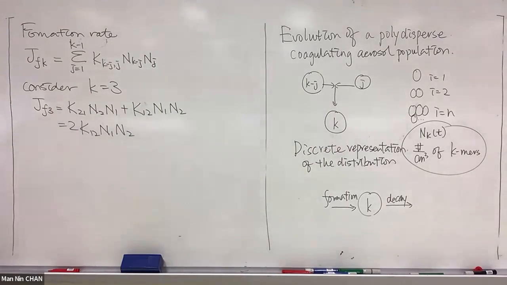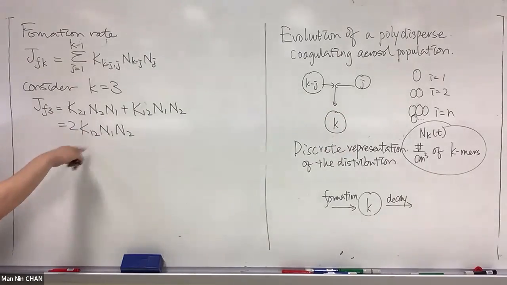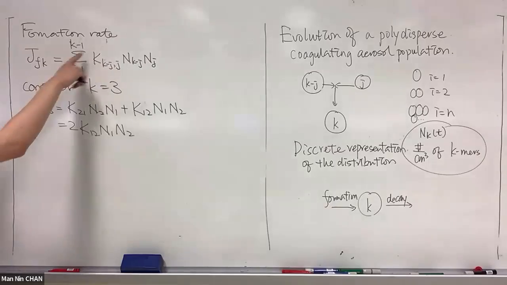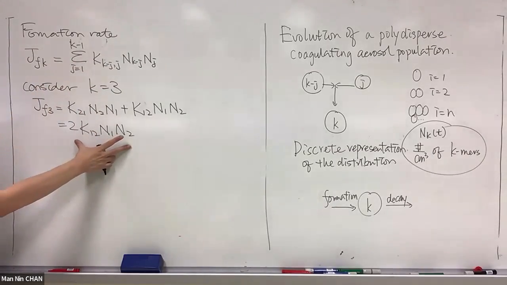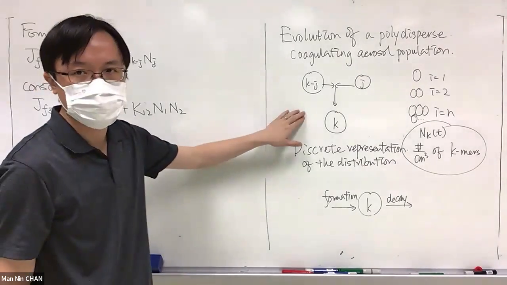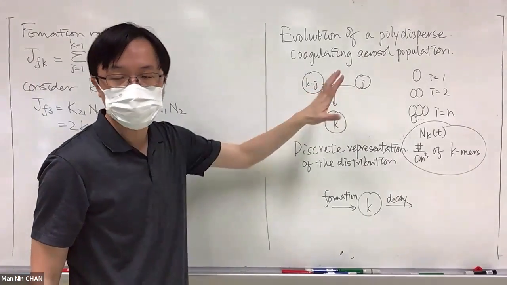So therefore, people will just multiply by 1/2 to cancel this effect. Because if you do this summation, you will double count the collision. But like I mentioned, if you want to form just a trimer, you just have the collision between the dimer and a monomer.